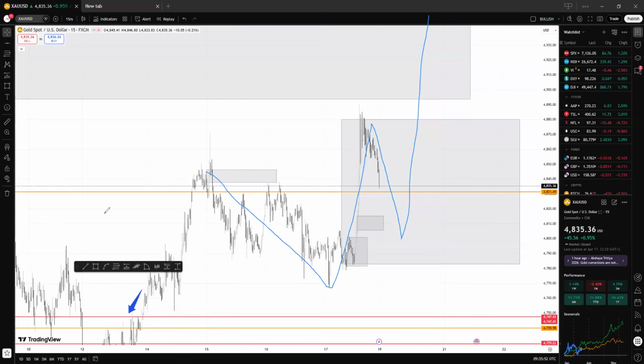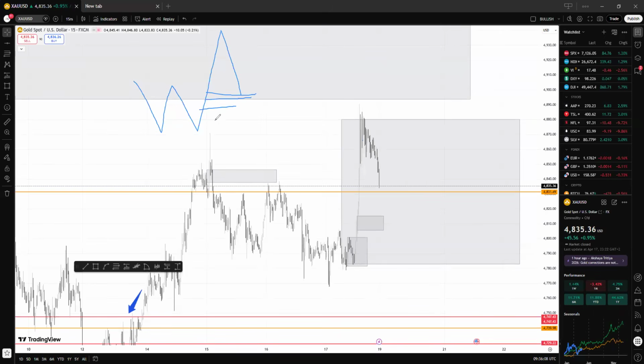So what does it mean? It means whenever we break structure and we get a retracement, be it that we have a gap, a demand, or an order block, price is to come retrace in those areas and then shoot up.